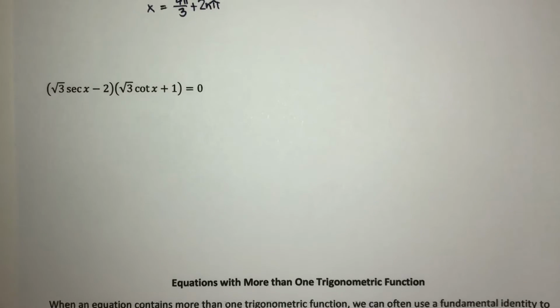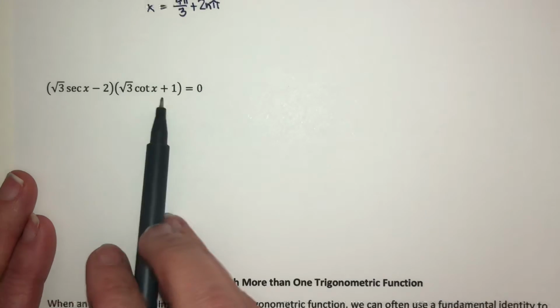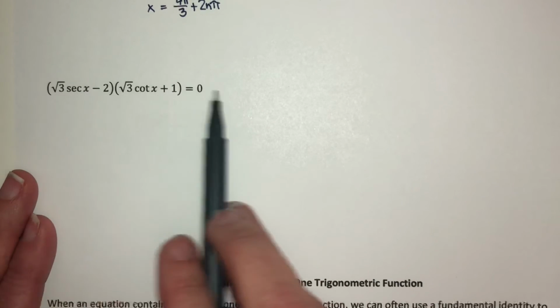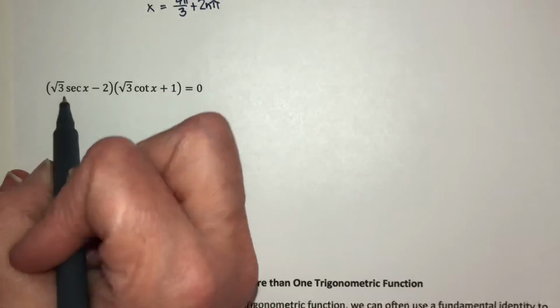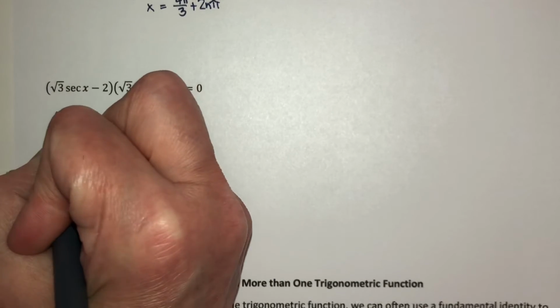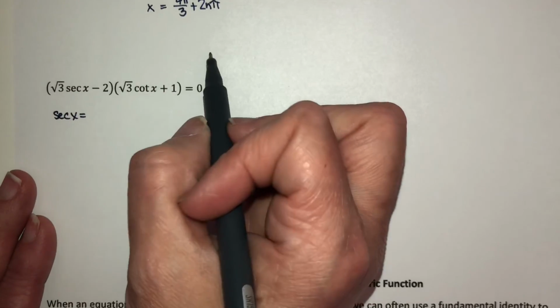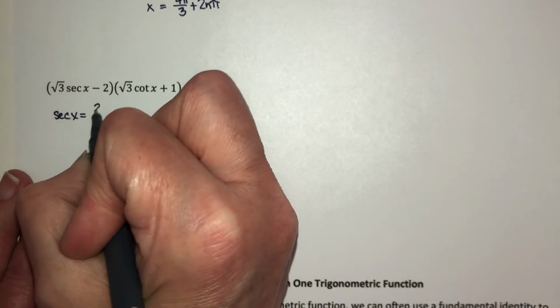Let's do the same thing here. We have two factors multiplied together, set equal to 0. So we're going to set each one equal to 0. If I set this equal to 0, I'll end up with secant of x is equal to 2 divided by square root 3.